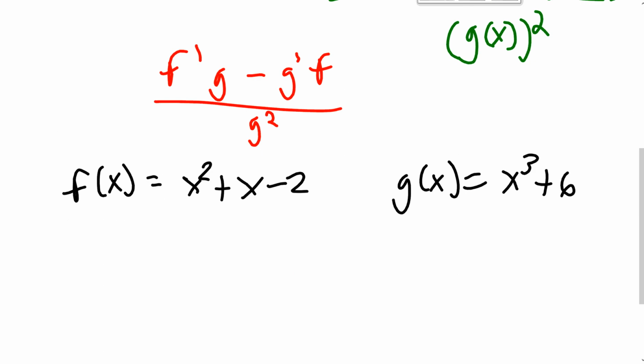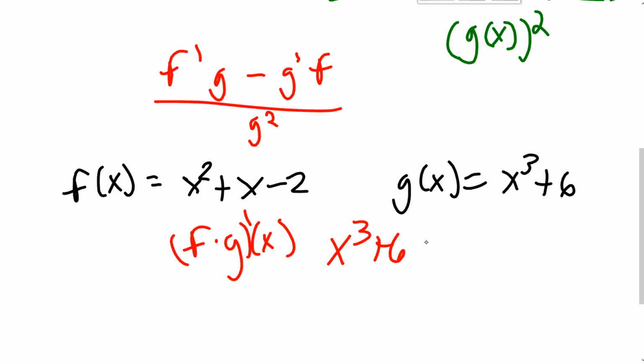So if you have these two functions, you have f of x and g of x, and we want to, say, multiply them. So f times g of x. I usually like to do this one. So when I'm multiplying these two, to take the derivative of this multiplication, I take the second, and then take the derivative of the first.